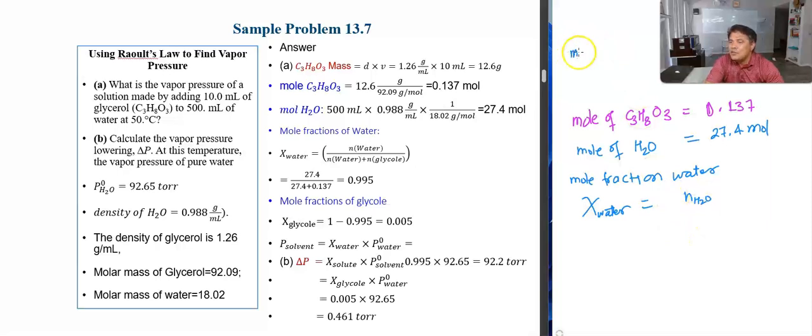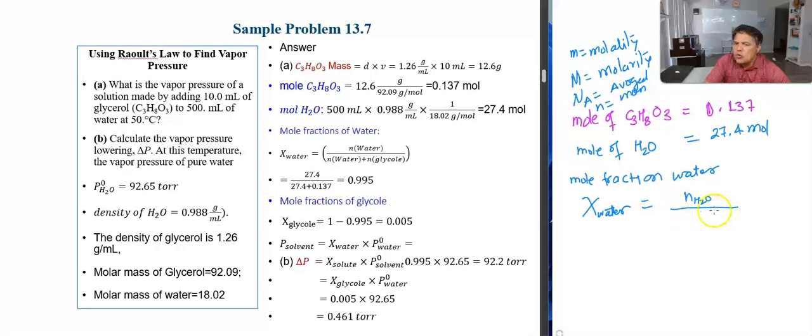Small m is reserved for molality, capital M for molarity, and N A is for the Avogadro number, and n is for the mole. You can give any letter, guys, but that is the usual one reserved for mole.